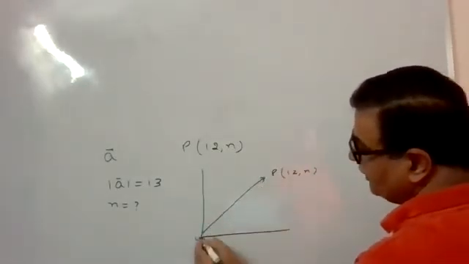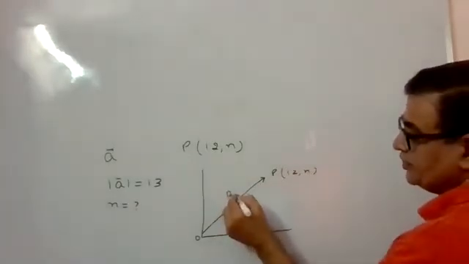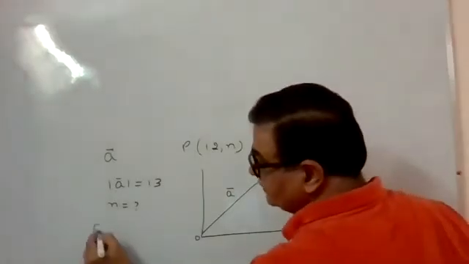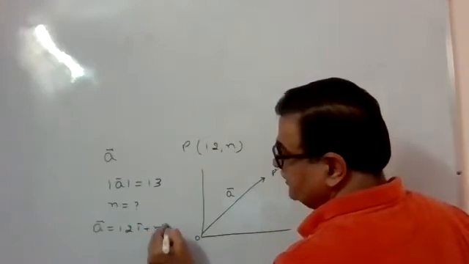This is your OP vector. So the OP vector given in the question is vector A. So vector A in this question is 12i plus nj.